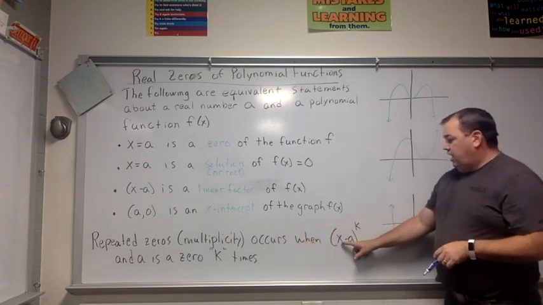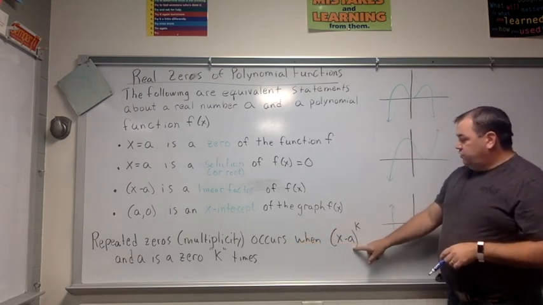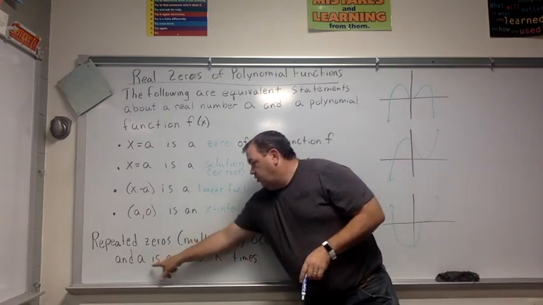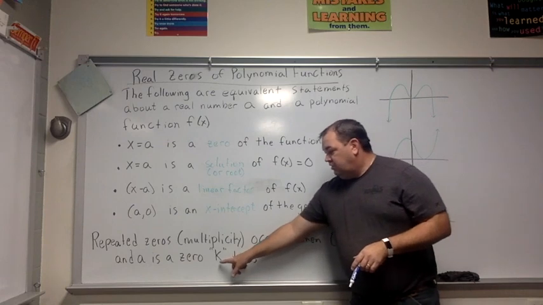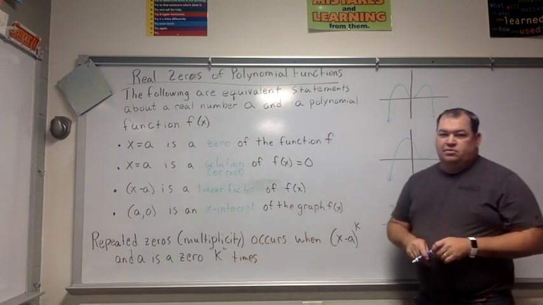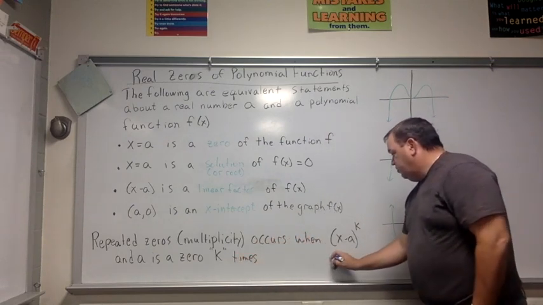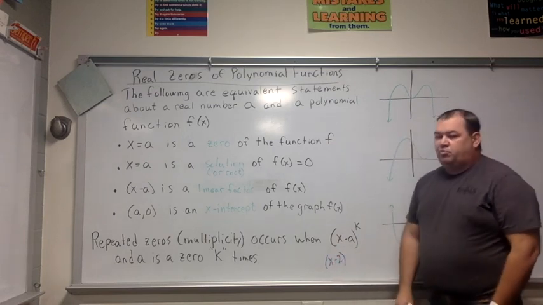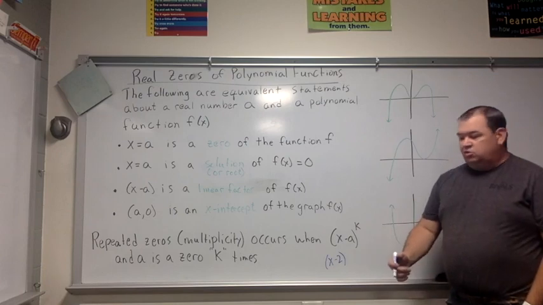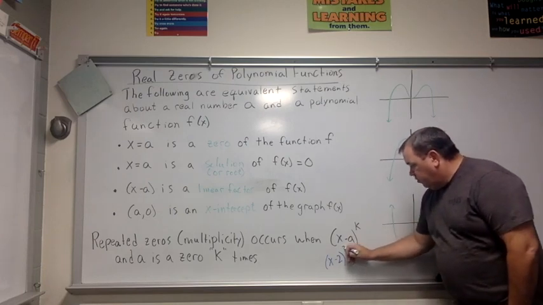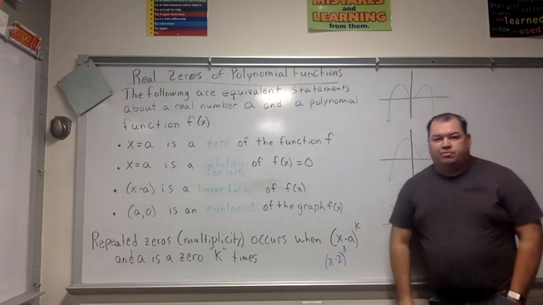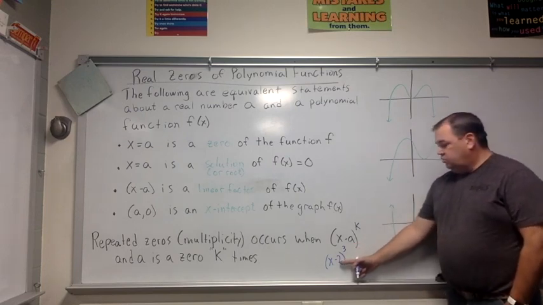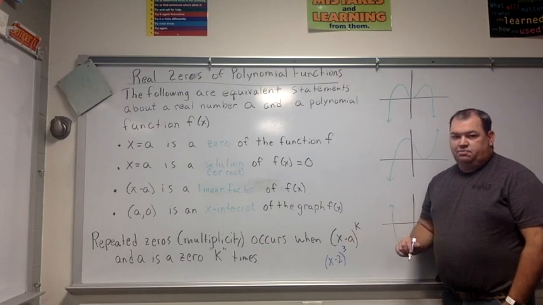They occur when you have a linear factor with a power. a would be my zero, and it repeats k times. So for instance, if I had something like x minus 2, 2 would be my root, or my zero, my solution. And if I had a 3 up here, there would be 3 of them. A multiplicity of 3. Negative 2 repeats 3 times.